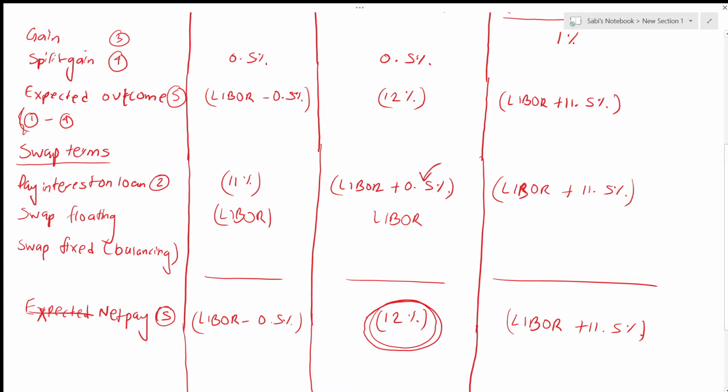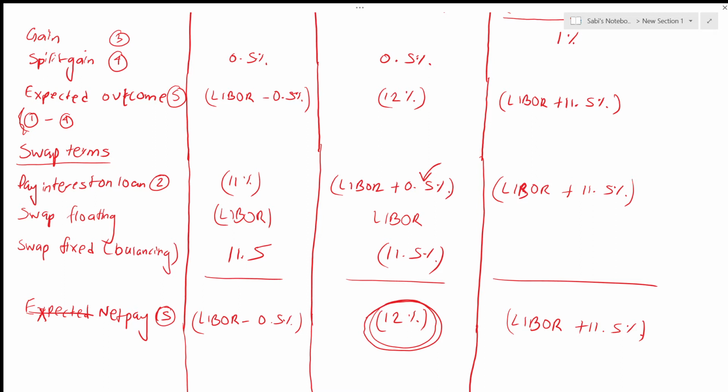So it's easy. 12 minus 0.5, the balancing figure is 11.5%. And it's a payment, so it will be in bracket, and that's why this is a receipt. It will be the same amount. One company is paying, one company is receiving. Payment will be in bracket, receipt will be without bracket.